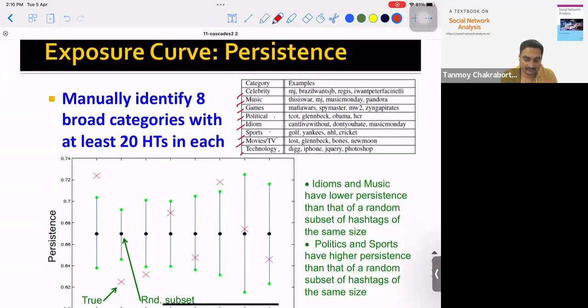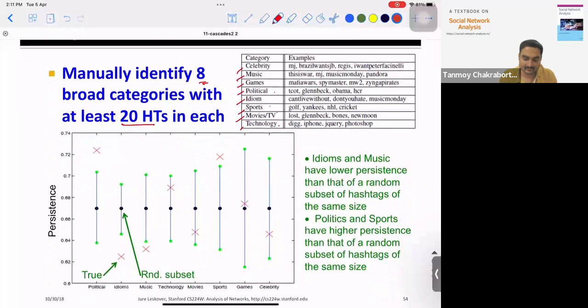Each category has at least 20 relevant hashtags, and there are a total of 500 hashtags. If you think of each category as an event, then for every event, for every hashtag, you have a point, and you get this exposure curve.